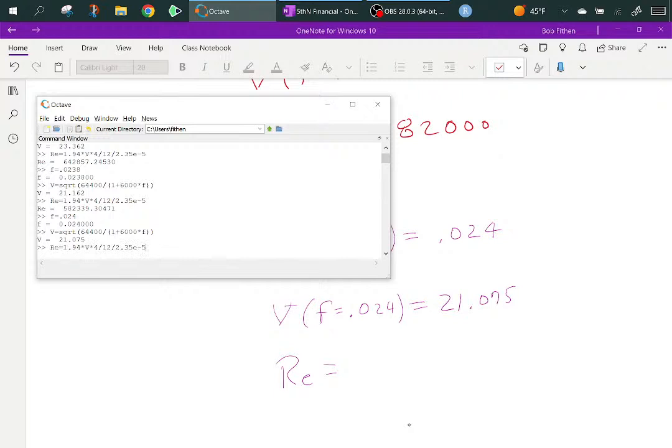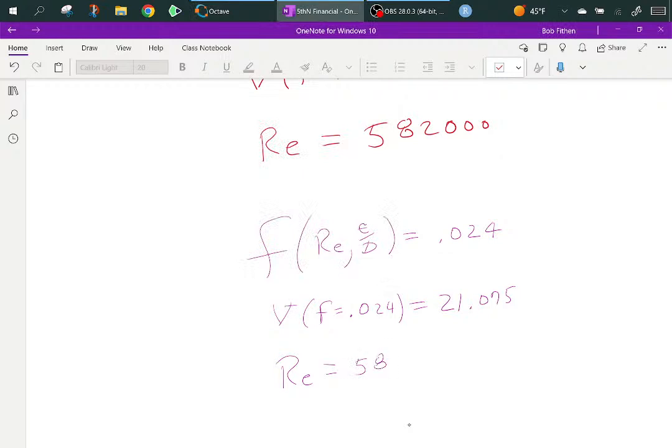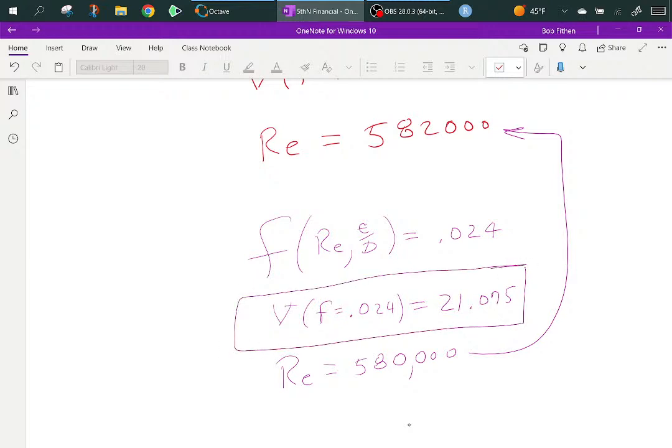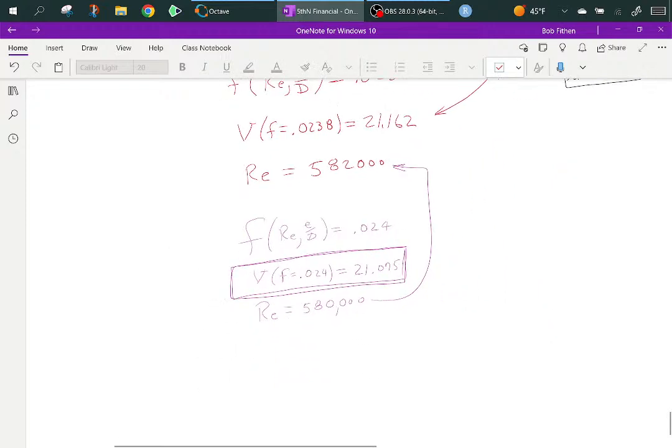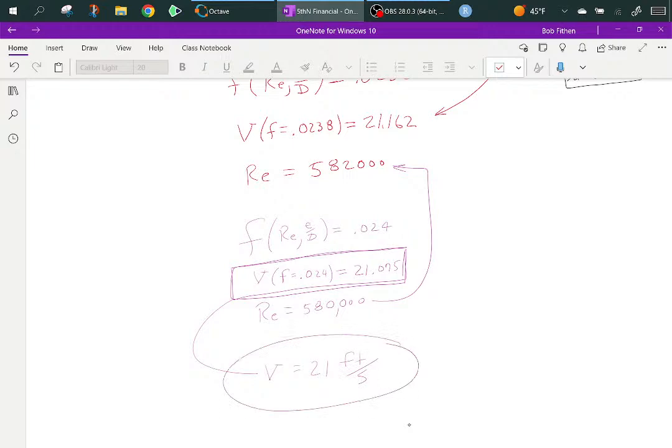Arrow up, and again, and what you find out is 579, or almost 580, which isn't that distinguishable from there. And so at this point, I would say that velocity is going to be pretty much it. So I'm going to stop the iteration there and say, okay, V is equal to 21 feet per second flying out of that pipe.